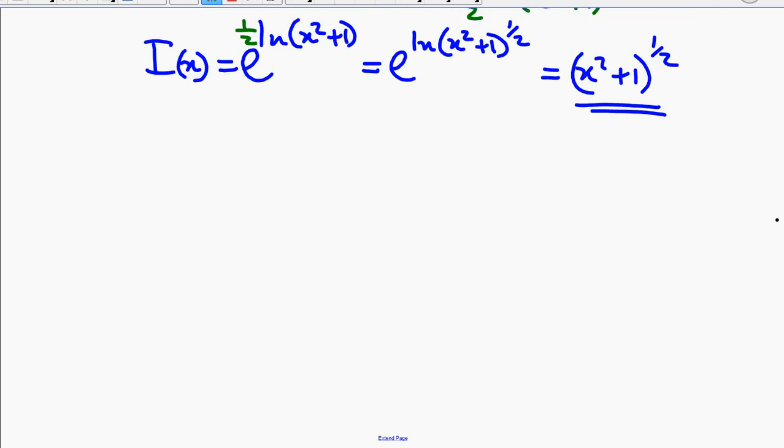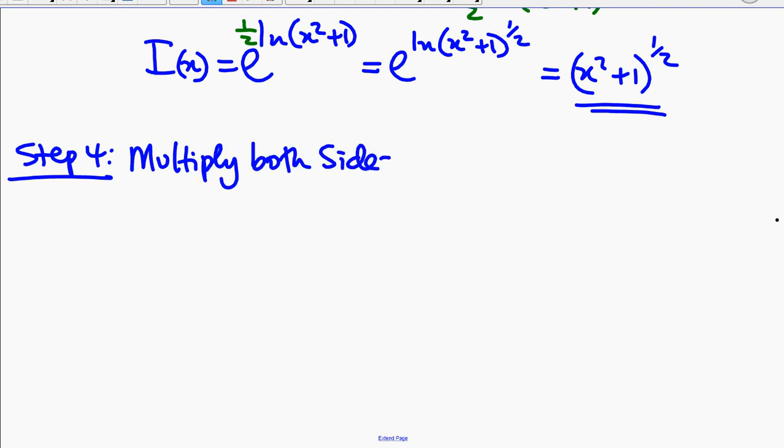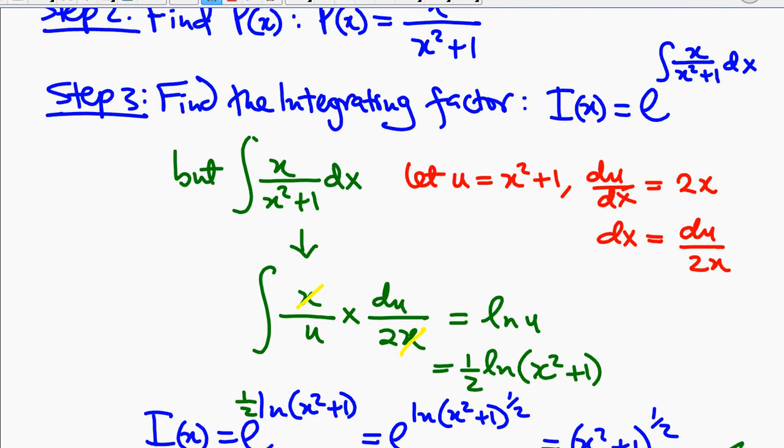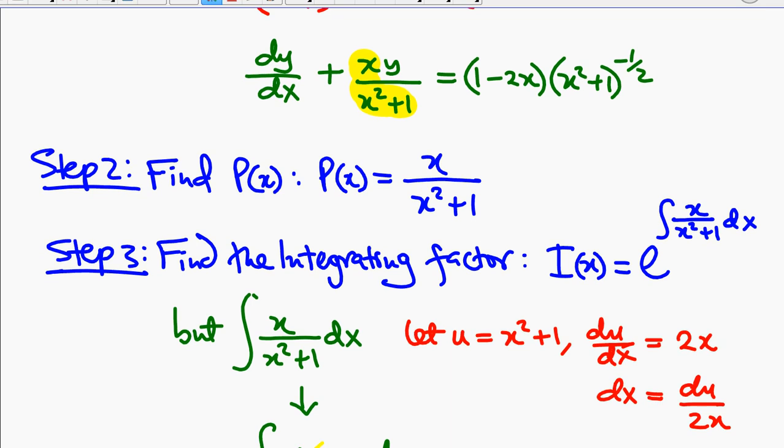So our next step, which will be step 4, multiply both sides by the integrating factor. My integrating factor is this one here. So I just have to multiply both sides by the integrating factor.